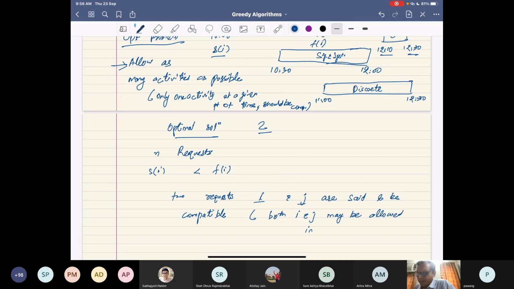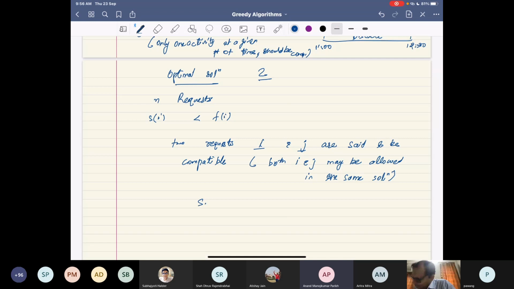Can someone give me a condition for that? Fj less than or equal to Si, or Sj greater than or equal to Fi?